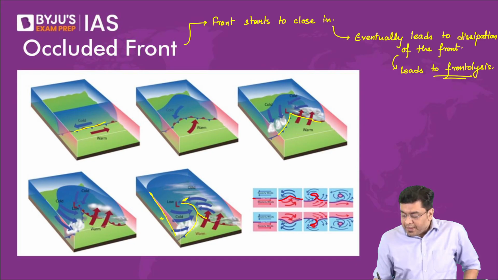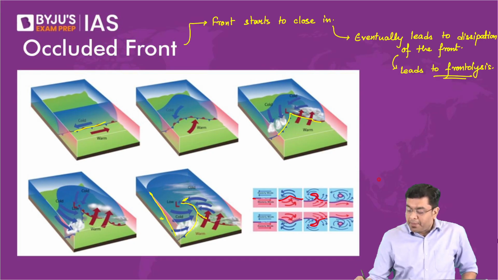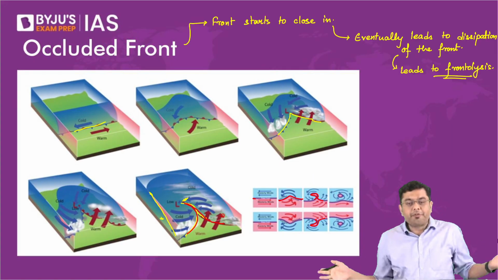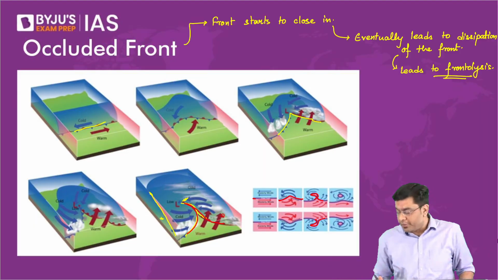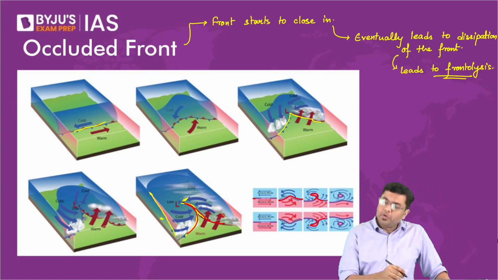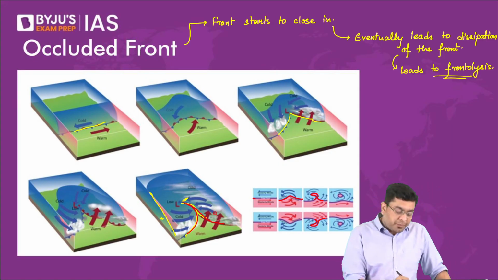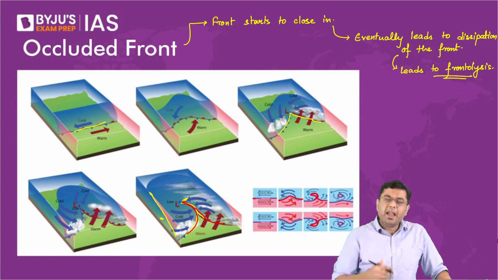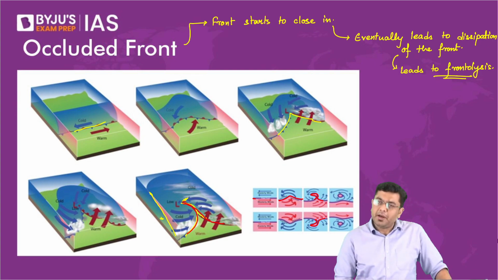Eventually it will have a shape which is significantly narrowed down. That is when the front closes in from all directions. Okay, so that is what we have as the occluded front, where on the ground surface you will have the cold air which is present in this region and warm air will be lifted upwards.